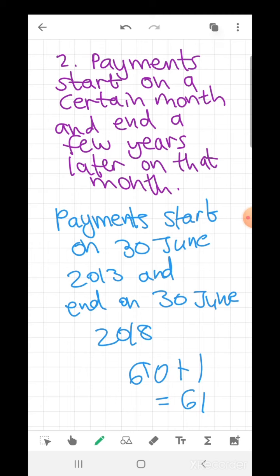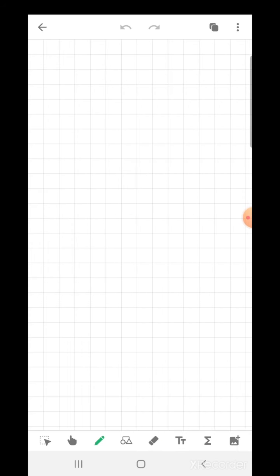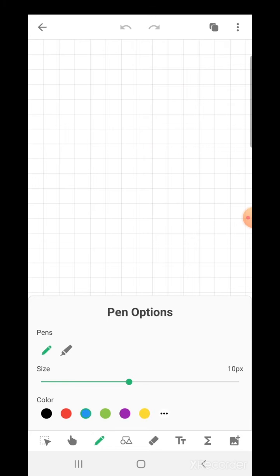Okay, now the third situation is where a loan is taken out on a certain day and they say that payment only starts 3 months later or payment only starts 4 months later and whatever it is, right? But as a rule of thumb, payment of a loan usually starts 1 month after it is taken out.